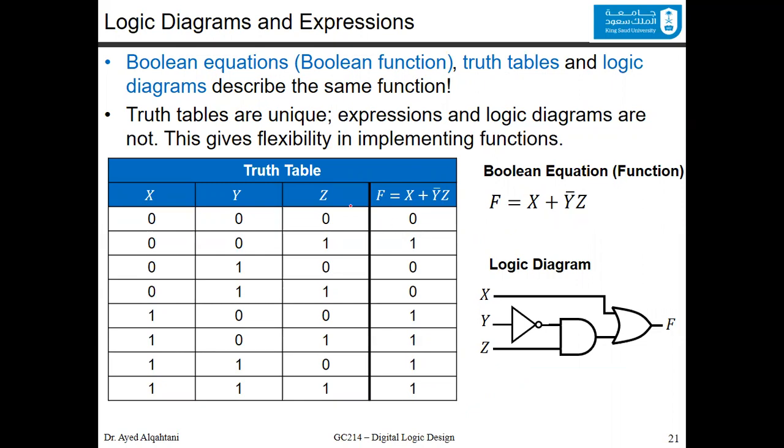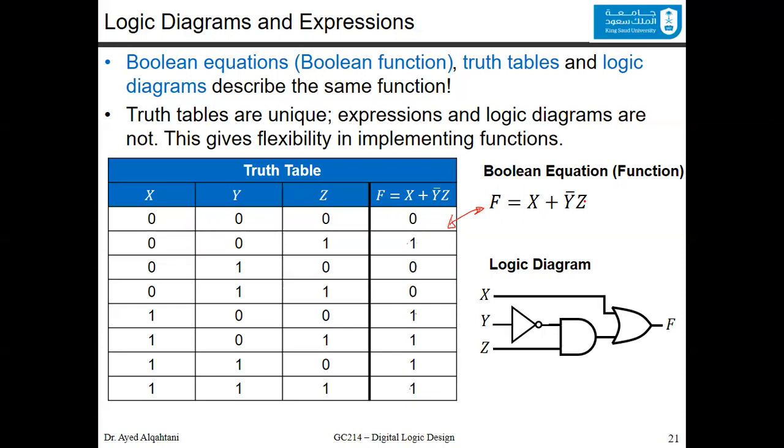So let's see, you have a truth table, this truth table, and it's having this function being 0, 1, 0, 0, 1, 1, 1. We take this as an example. We can generate this function by observing the truth table. Also, we can do the same vice versa.